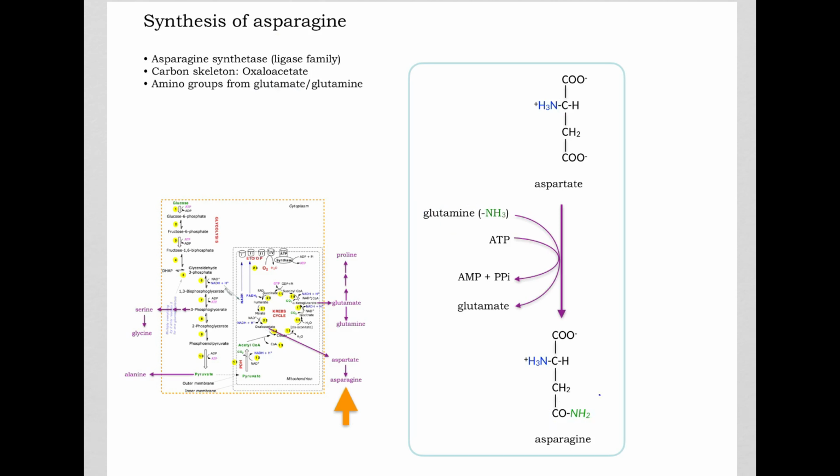So we make asparagine from aspartic acid, and this enzyme is asparagine synthetase, which is part of the ligase family. You can see this amino acid glutamine plays a very important role in the synthesis of other amino acids such as asparagine.